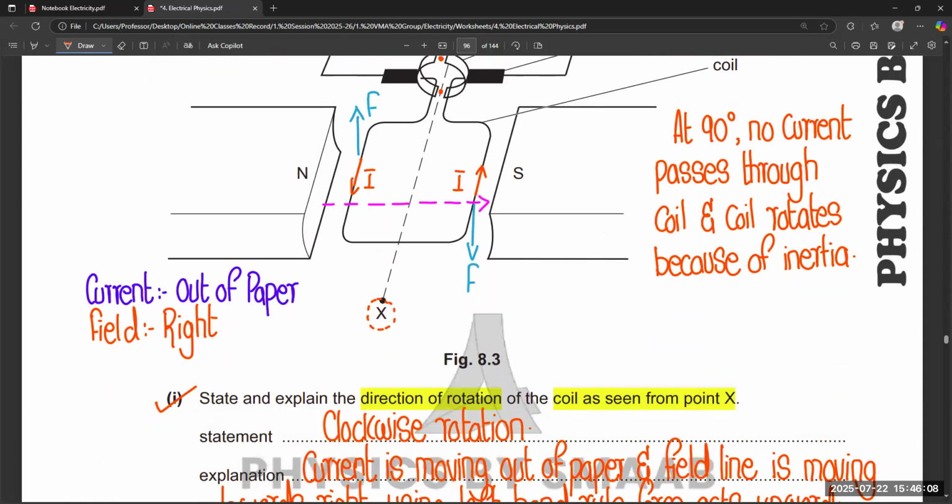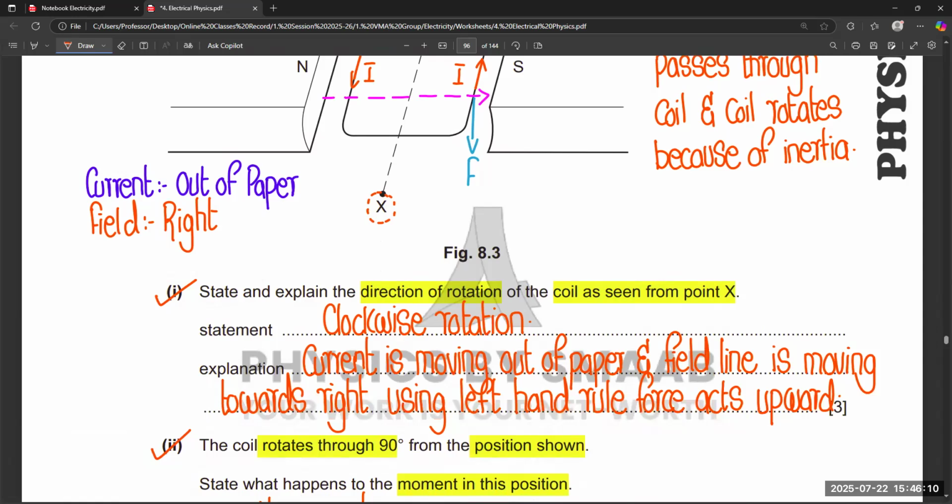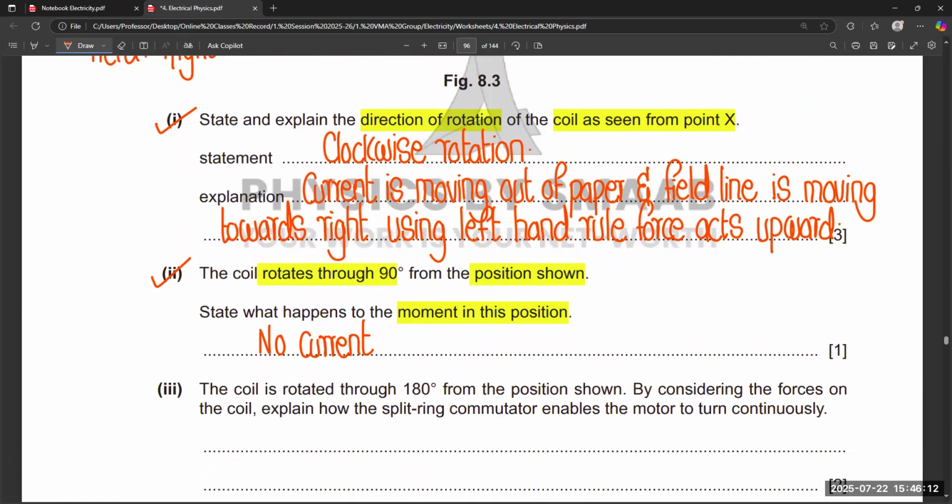Basically, at 90-degree there will be no force acting on the coil. Coil rotates by inertia.